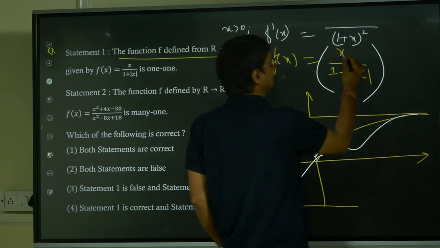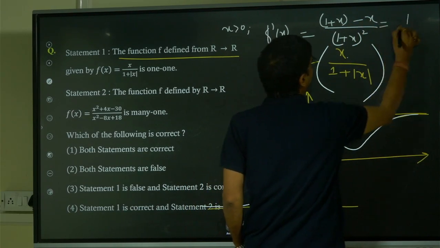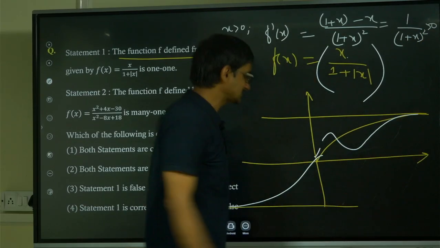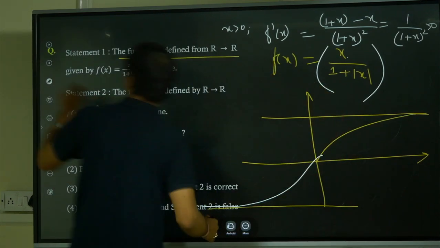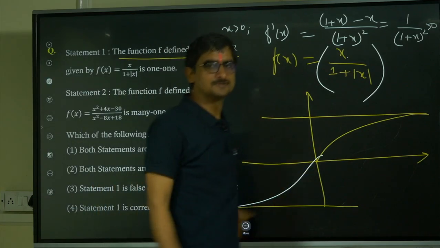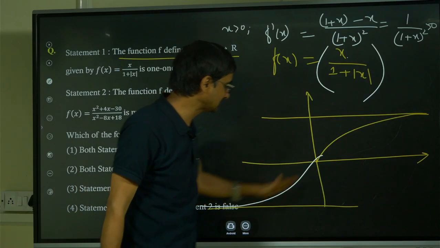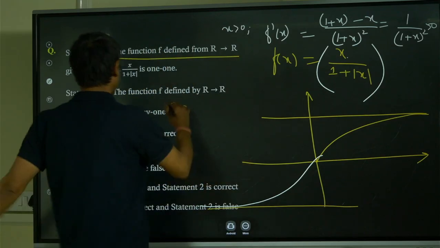Derivative of this: 1 plus x minus x, which is 1 upon 1 plus x whole square. See, we got always positive, it can't be 0, so it's positive throughout. Now it's an odd function, so the derivative is throughout positive, and so it is a throughout increasing function. So we are done. So that's one for sure.